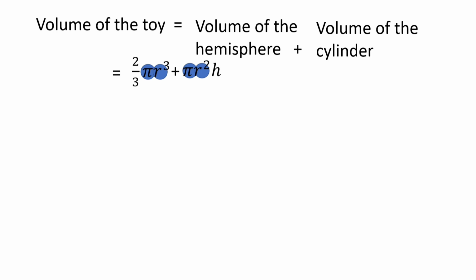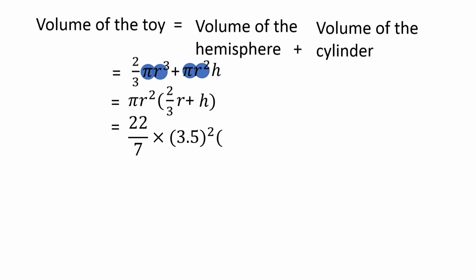Pi r square is common here, into (2 by 3 r plus h). Pi is 22 by 7, radius is 3.5 square, 2 by 3 into radius 3.5 plus h is 10 centimeter.